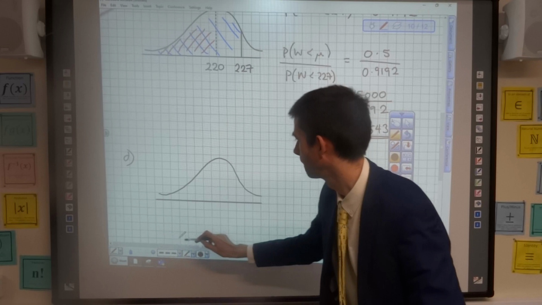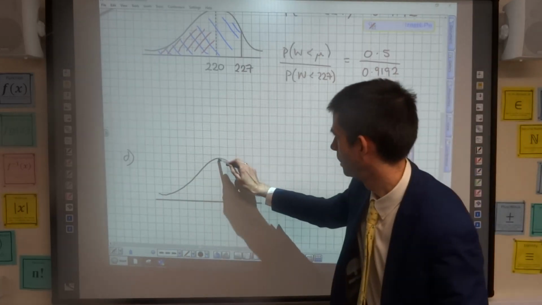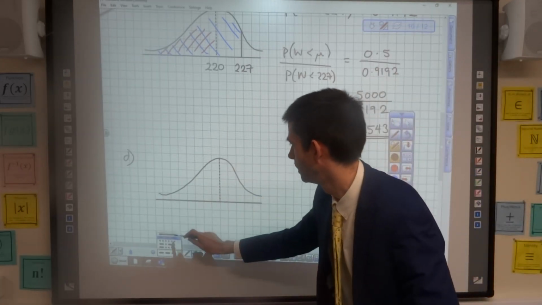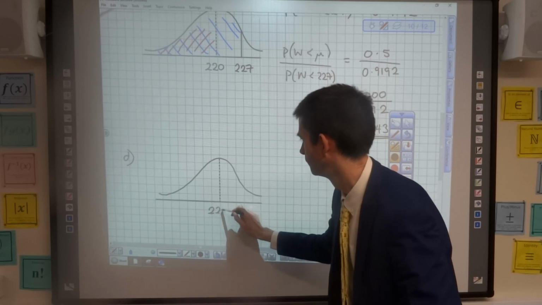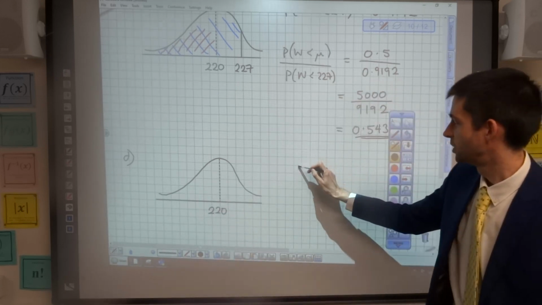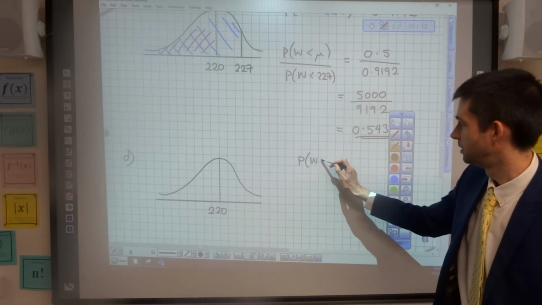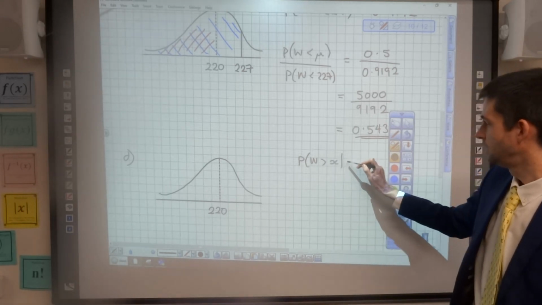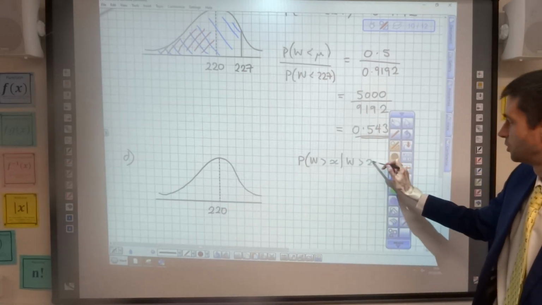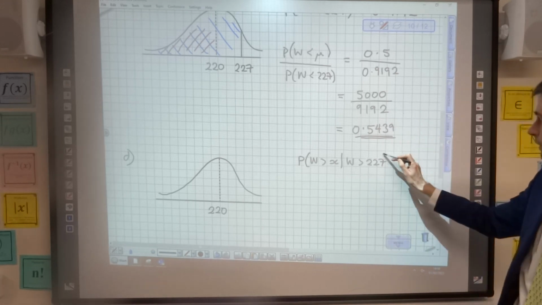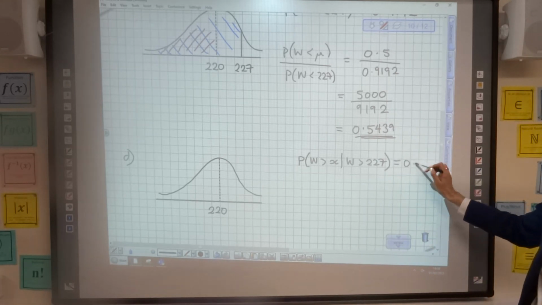So pop in the mean line at 220. We've been told that the probability that W is greater than x, given that W is greater than 227, is equal to 0.625.